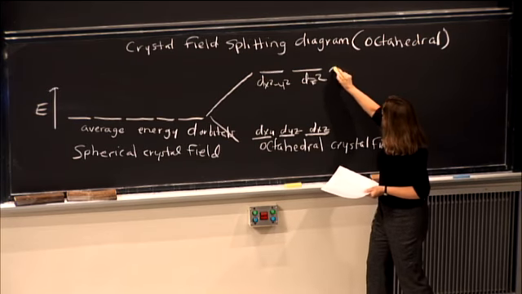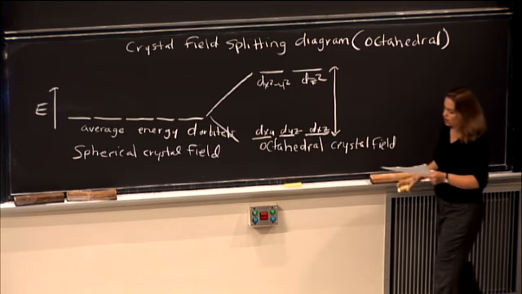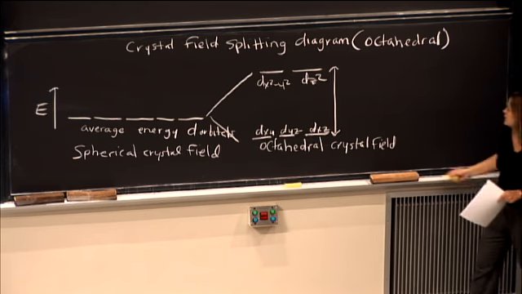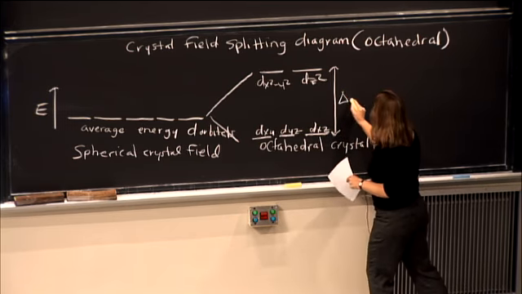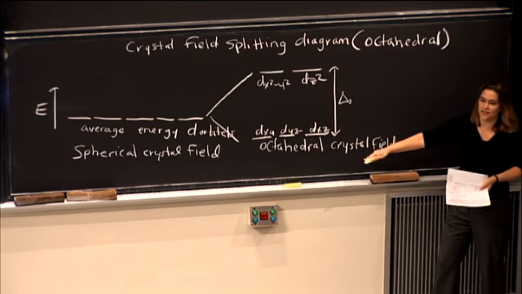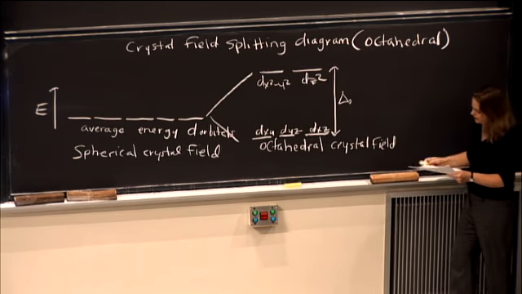This difference is called the octahedral field splitting energy, because it's the amount of energy that the octahedral field is split.